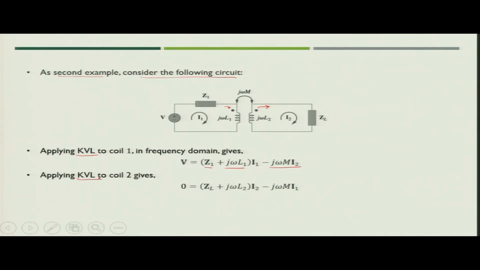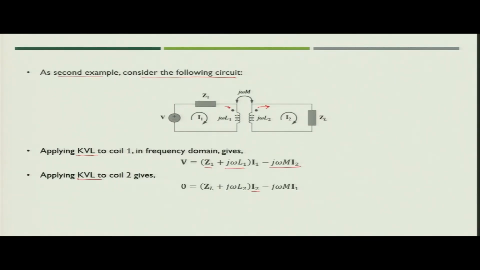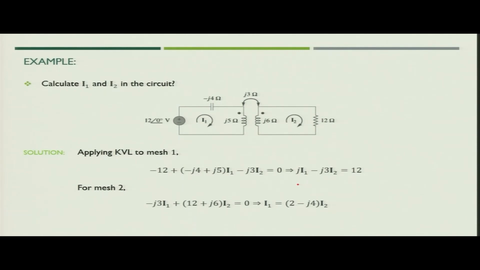Similarly, for the second coil, there is no voltage source, so we will write 0 is equal to (ZL plus jωL2) into I2 minus jωM I1. So, you can see that in both of the cases how the mutual voltage polarity is changing.